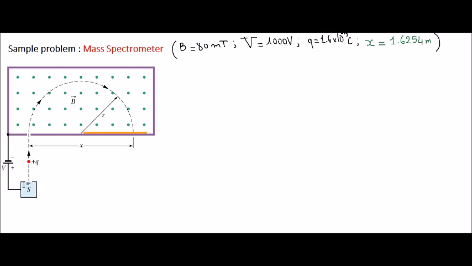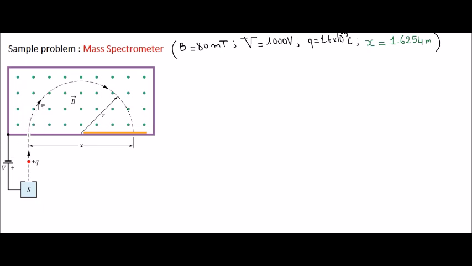The source is where the ions are produced from a sample. These ions will be accelerated by applying either a difference in potential or an electric field, and eventually enter a region of a magnetic field, a small chamber here.